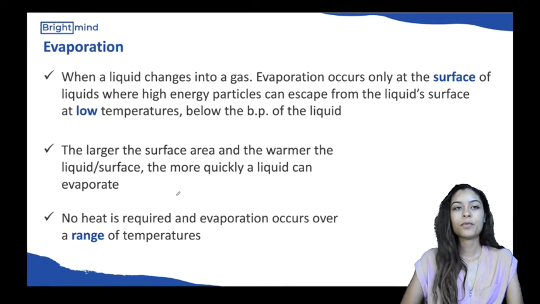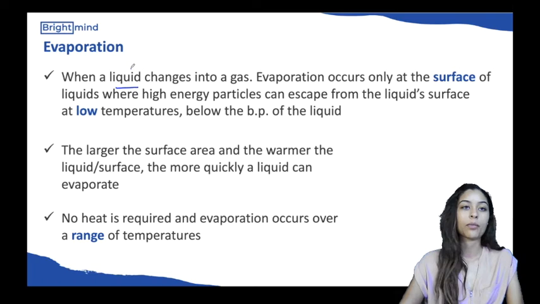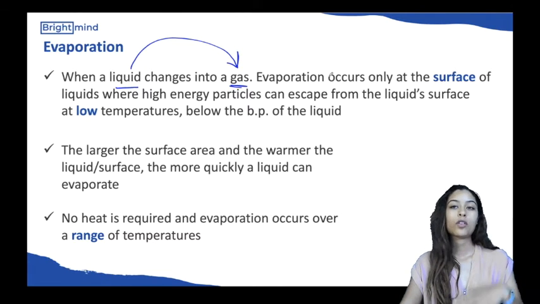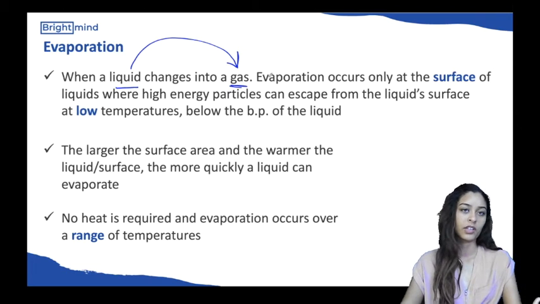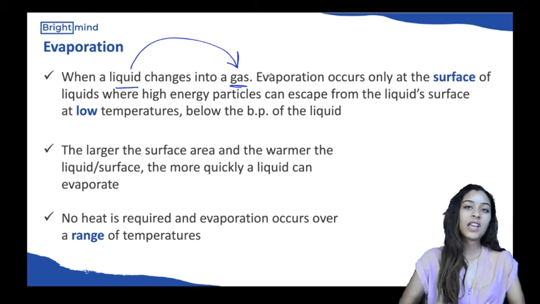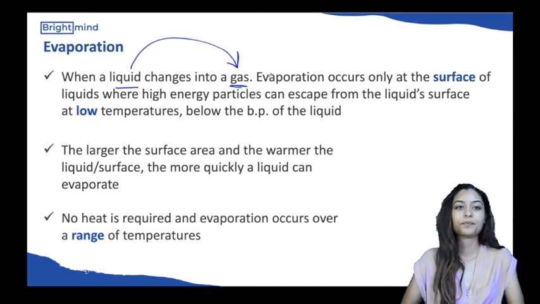Okay, now what about evaporation? So evaporation involves the state change from a liquid into a gas, and it occurs only at the surface of the liquid, where the high energy particles are able to escape from the surface of the liquid.